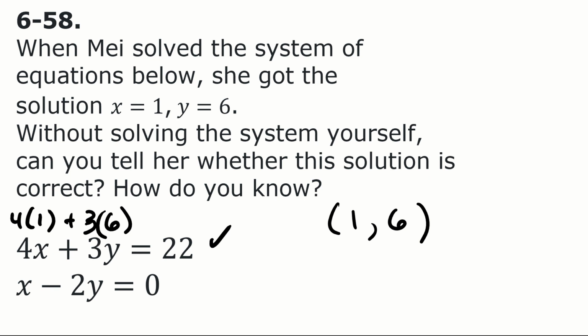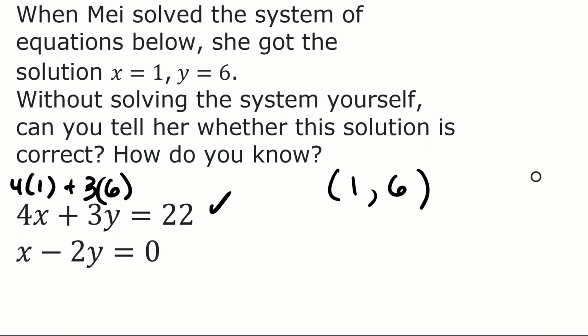Congratulations. But oftentimes, remember there's an infinite number of solutions for that first equation. So it could be the case that we just found a point that's on the first line but not the second. So it's always important to check it with both, because a solution to a system must satisfy both equations.